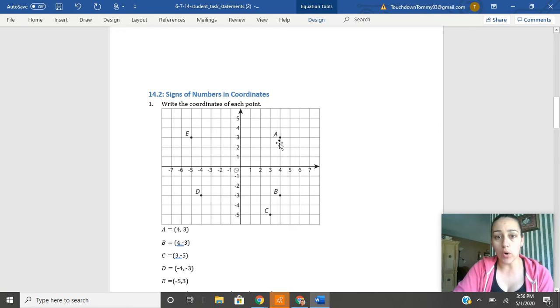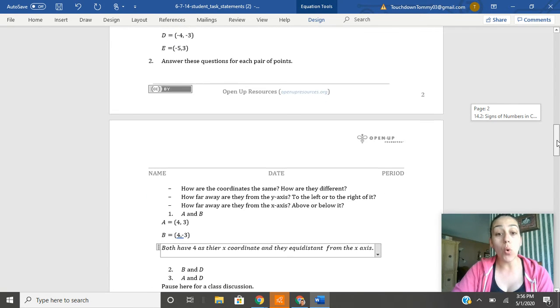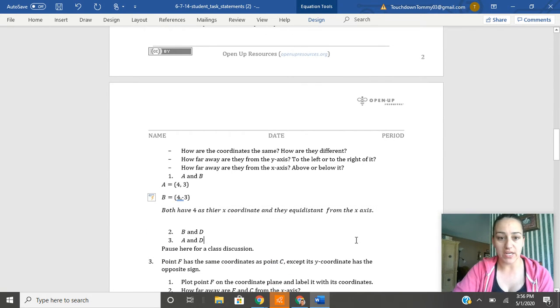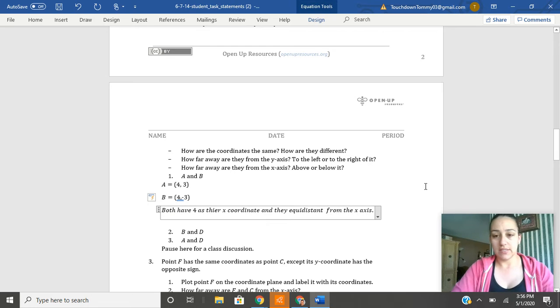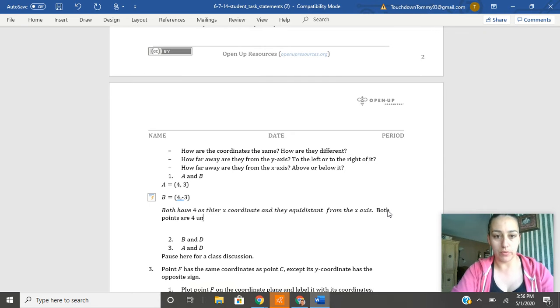So it's 4 away, and that first number, that x coordinate, is going to answer that question for us. Since both of the points are right above each other, both points are 4 units away from the y-axis line.